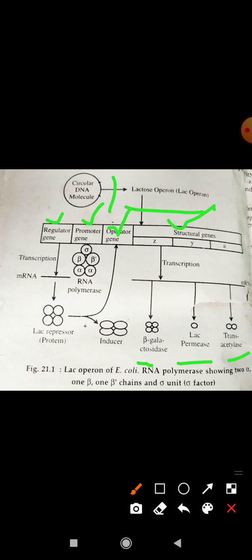Beta galactosidase breaks down lactose into glucose and galactose, while beta galactoside permease facilitates the entry of lactose into the bacterial cell. Beta galactoside acetylase appears in small quantity, but its function is not yet known.